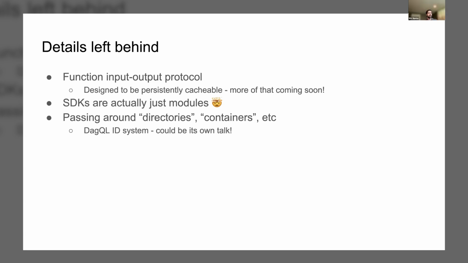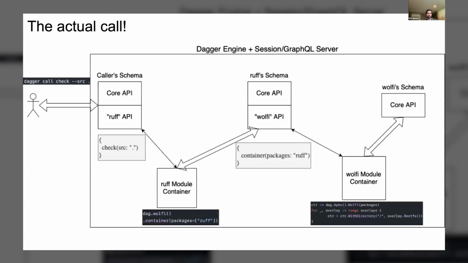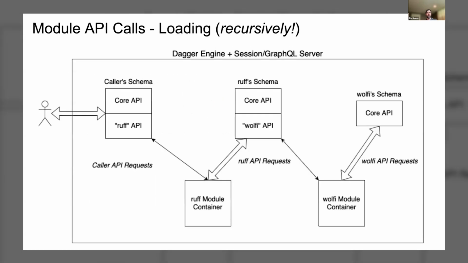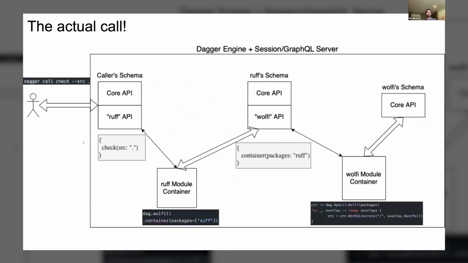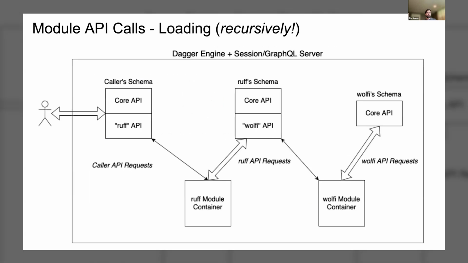Yeah, that's a really good question. Let me go back, see if I can find a good one to talk about this. So yeah, when you have one module, so let's just say Rough, it had that dependency on Wolfie. You aren't allowed to have multiple. Rough couldn't depend on multiple versions of Wolfie, for example.